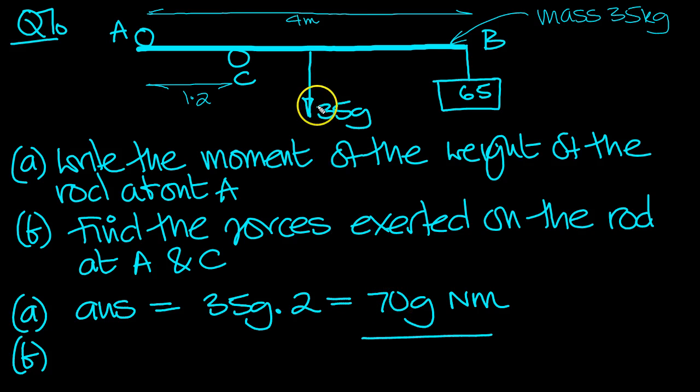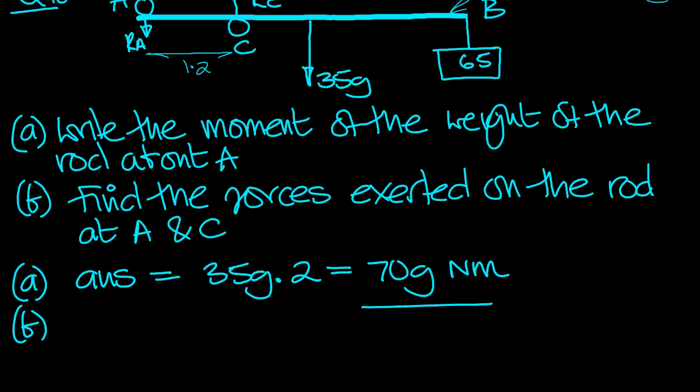Okay, so we've got the moment due to the weight. There's a reaction here, we'll call it RC, and there's going to be a reaction here of RA. So, moments around A then.